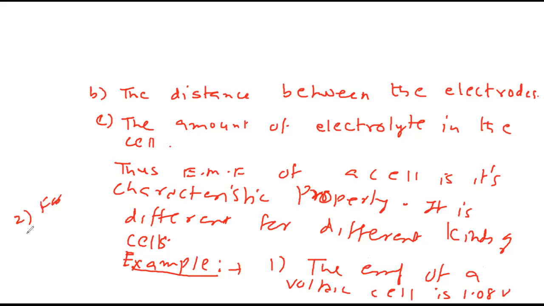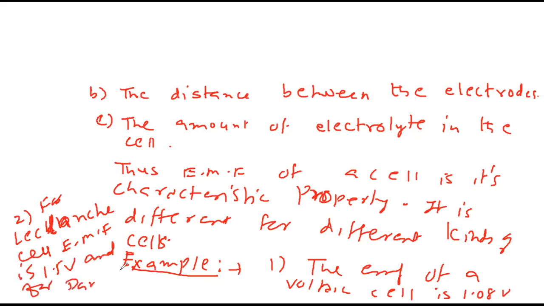For the Leclanche cell, EMF is 1.5 volt, and for the Daniell cell, it is the same as the voltaic cell.